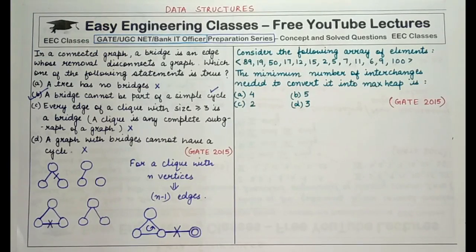The minimum number of interchanges needed to convert it into a max heap is... Okay, so a max heap is a binary tree in which a certain property is satisfied: at every node, the parent node always has a value that is greater than the values present at the child nodes.